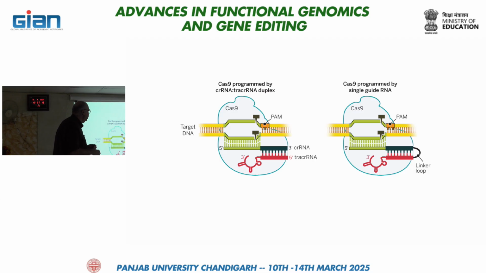And this can be used because we can design the sequence complementary to the target, and then we can actually close this complex. We can introduce the complex close to DNA and cut DNA at a certain position, any position actually. The problem is only the PAM sequence, as I said. This is a short sequence which must be present around the cuts.